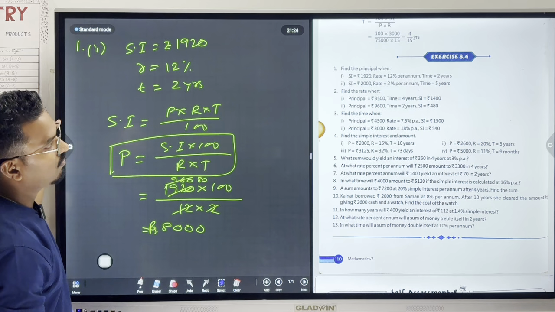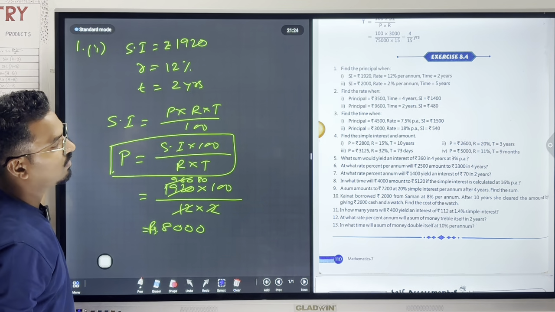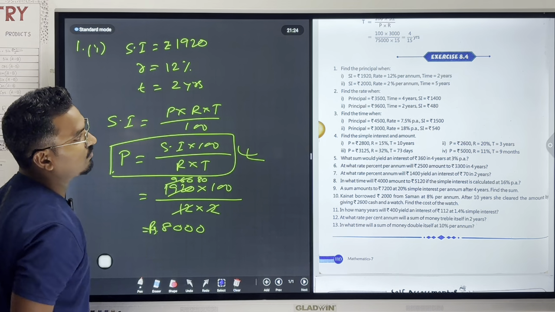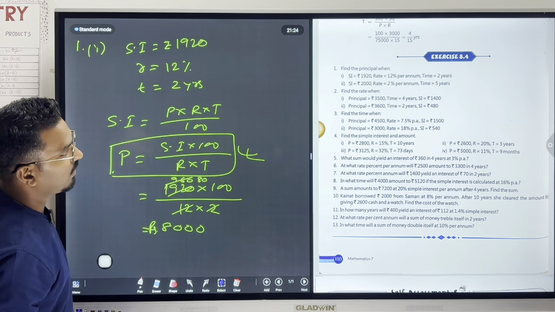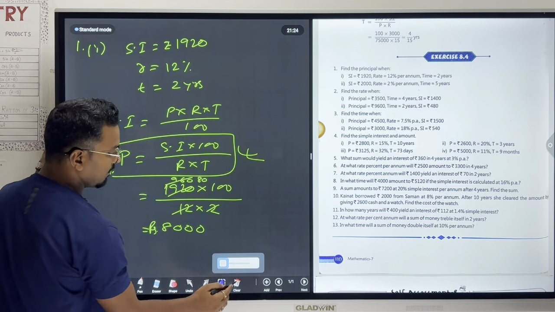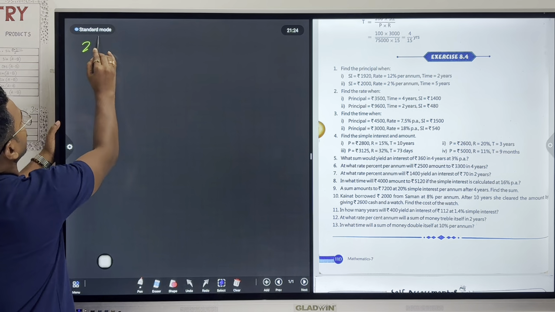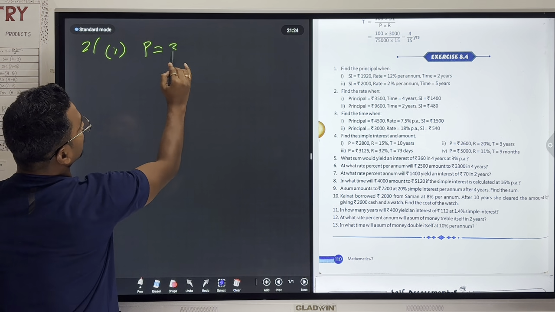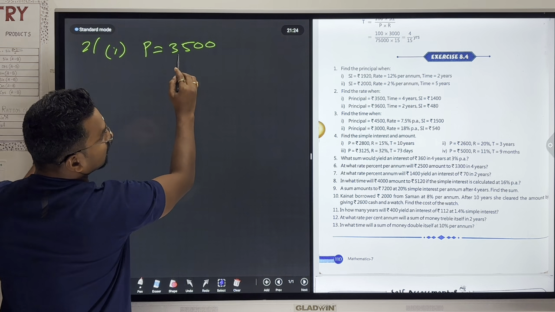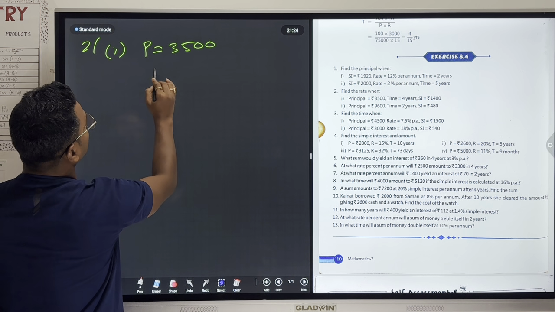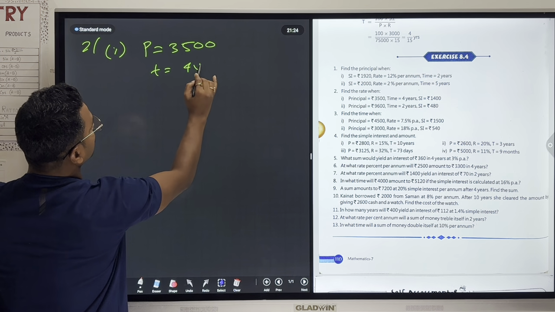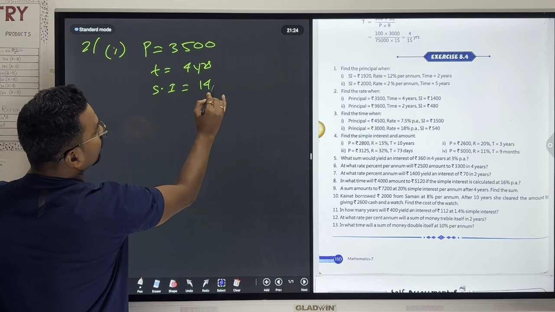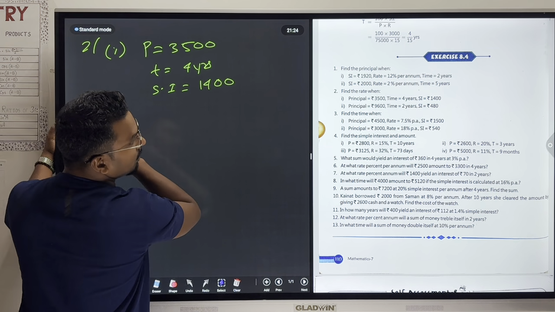Okay. Next one is same. Next one you can do by yourself. Same, you can use this formula. By using this formula you can find the answer. Next, find the rate. Question number 2, to find the rate, principal is given 3500, time is given 4 years and simple interest is given 1400.